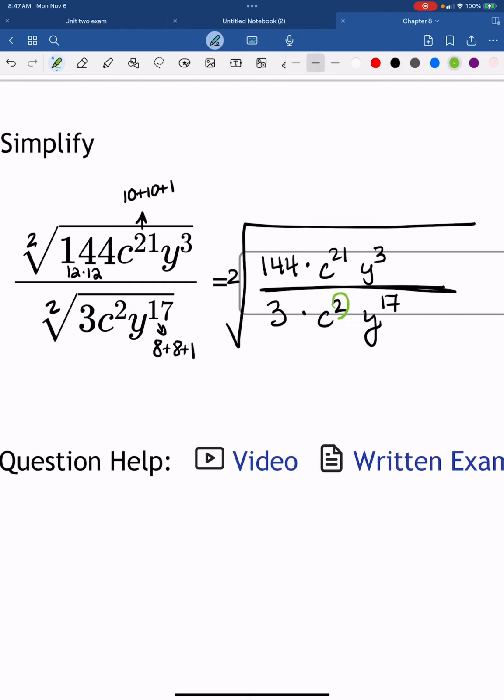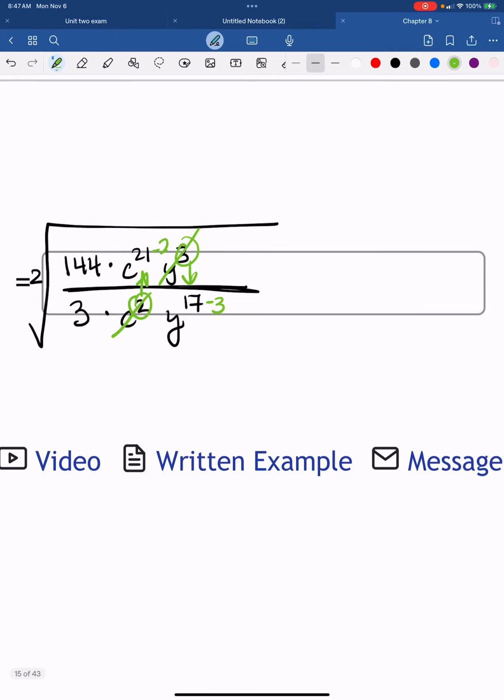So I'm going to move this 2 up and then move this 3 down. And this becomes the square root of 12 times 12 times c to the 19th. And here we have y to the 14th.